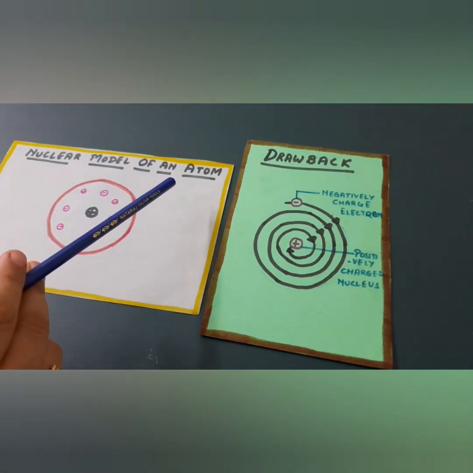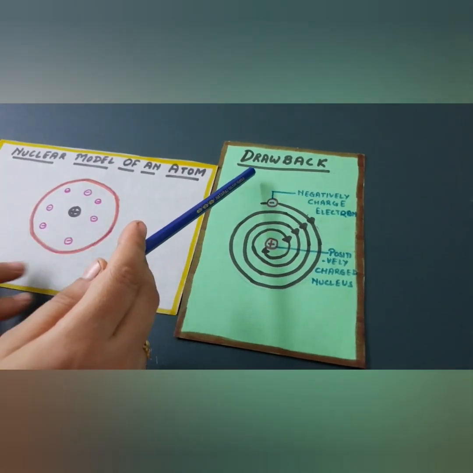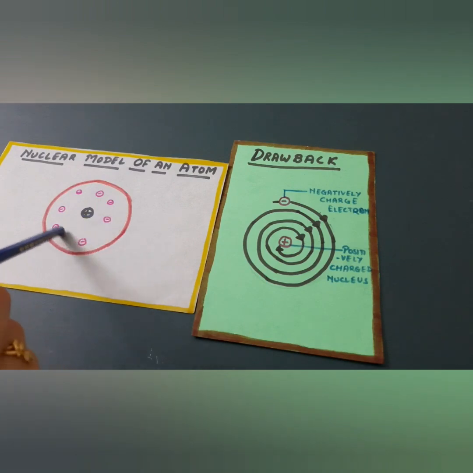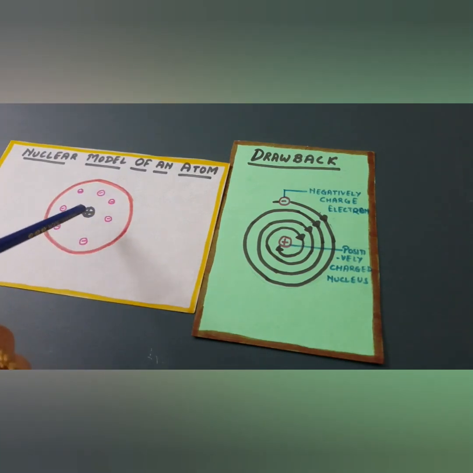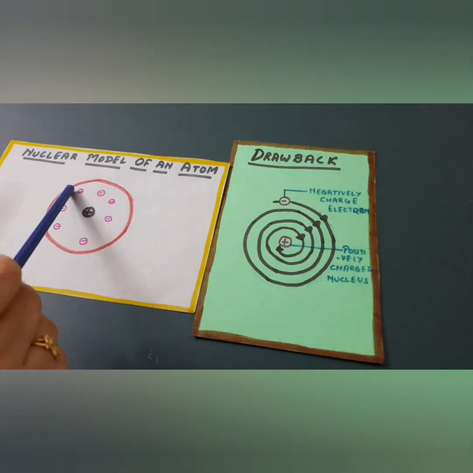Let's now see what the drawback of this model was. He said that electrons revolve around the nucleus, and he compared his model to the solar system. He said that the nucleus is very small and the size of the atom is very large.